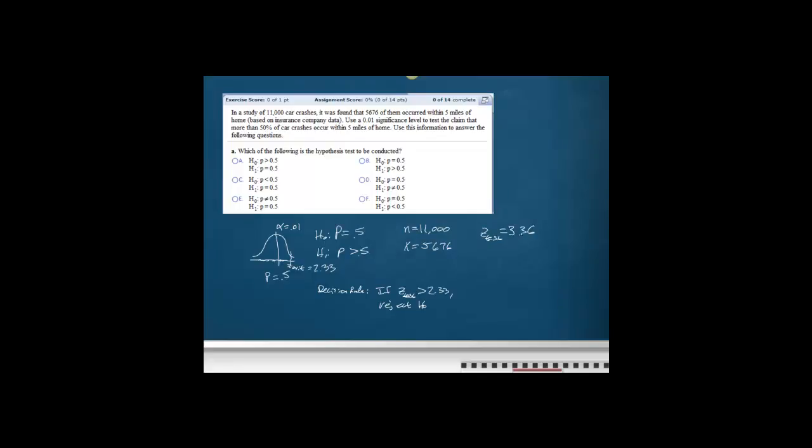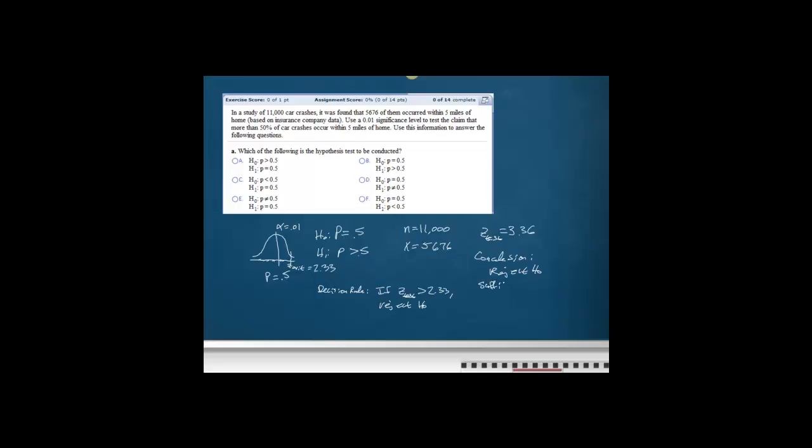Now this z-test value is larger than 2.33, the z-critical value. So our conclusion would be to reject the null hypothesis.